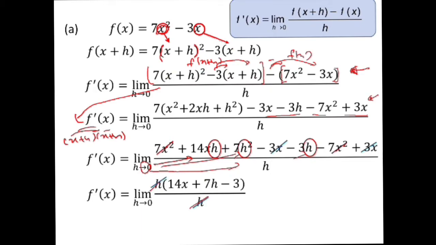After you have cancelled off that h, you can substitute in 0 into the function, replacing the h. Do not replace 0 at your x, because this is h approaching 0, not x approaching 0. What you have to substitute 0 for is only the h. So you're left with 14x minus 3.